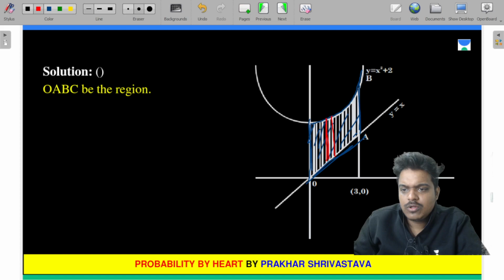Okay, chalo. Again, what is the area common to the circles r is equal to a and r is equal to 2a cos theta? Find out the area common to the circles.